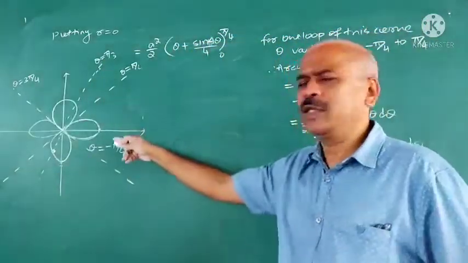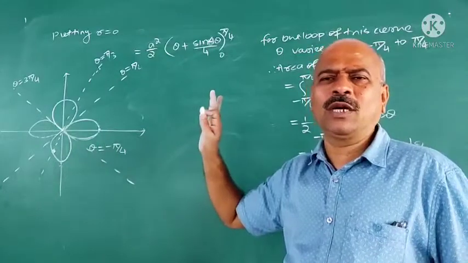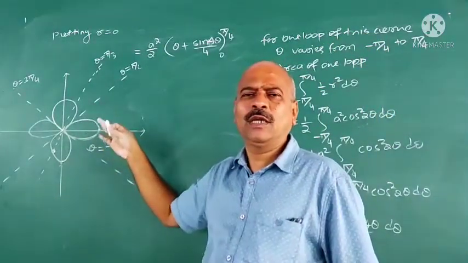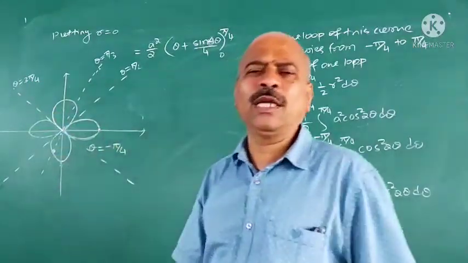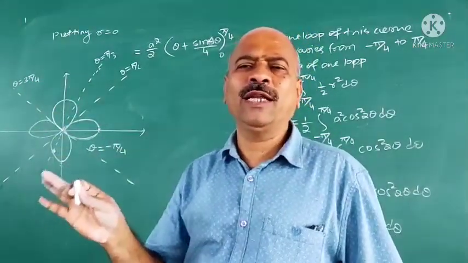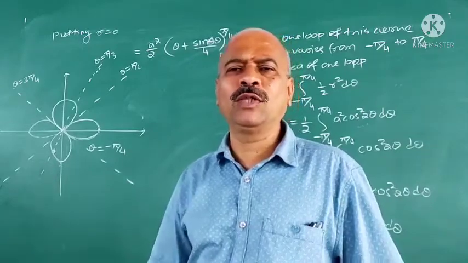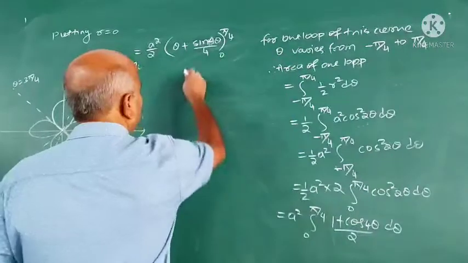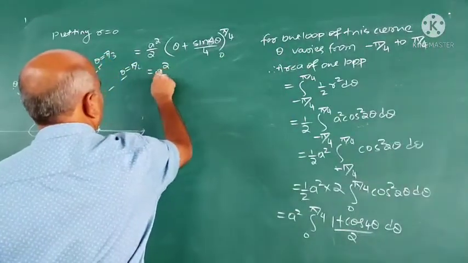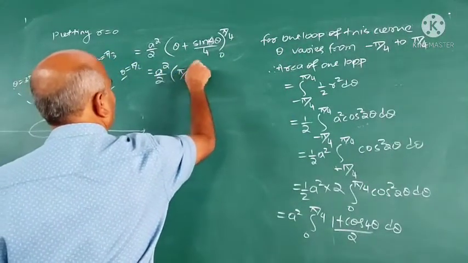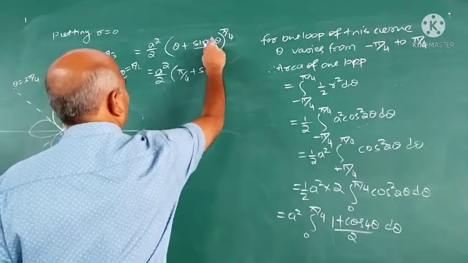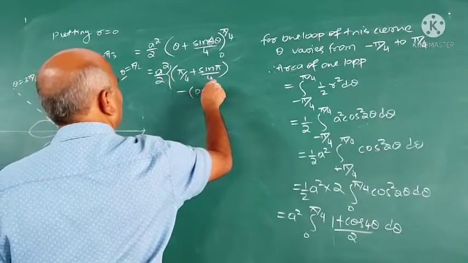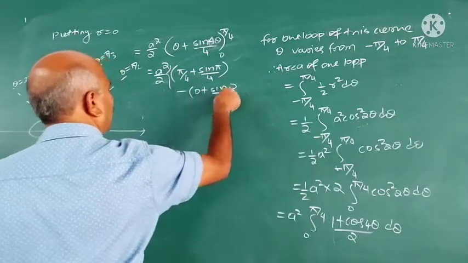You got it now? First you have to understand what is the shape of the curve. Then that gives an idea about the limits of integration, and also to find the complete area you should know how many different branches, how many equal loops there are in case of this type of curves. It is therefore a square by 2 into pi by 4 plus sin pi upon 4, minus 0 plus sin 0 upon 4.